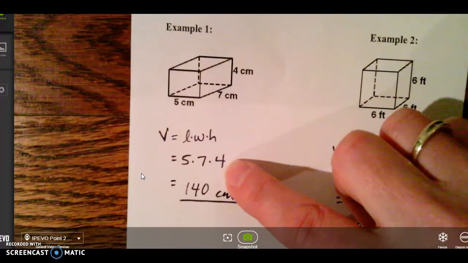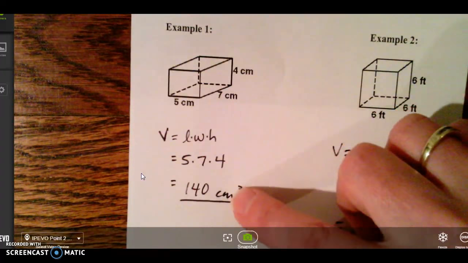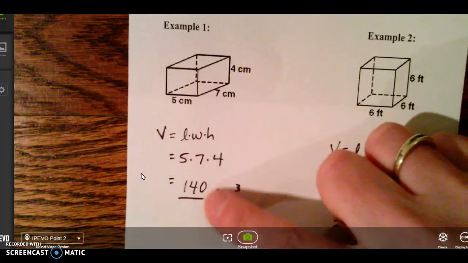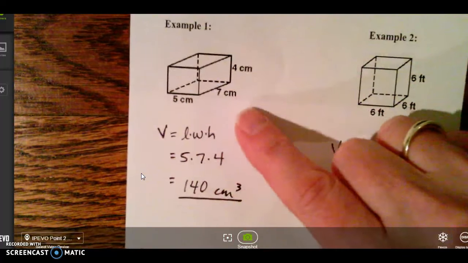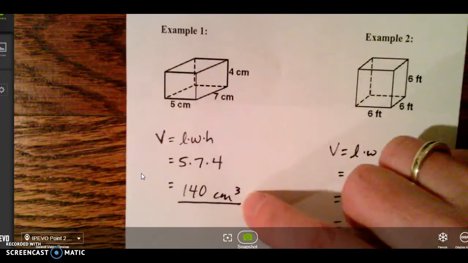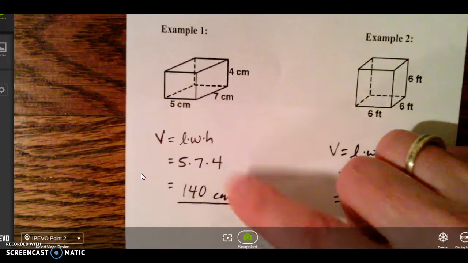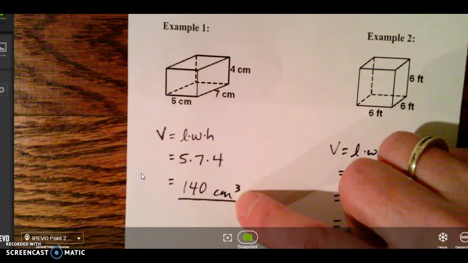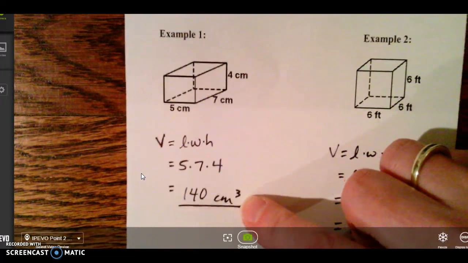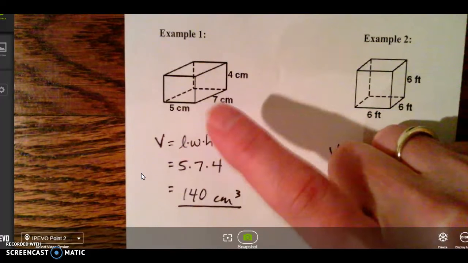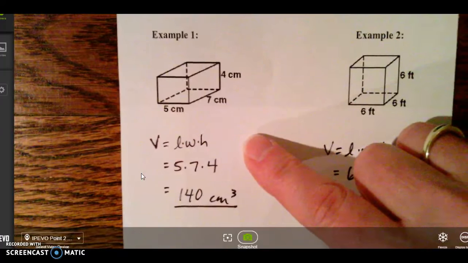We plug in the components that we found, a length of 5, a width of 7, a height of 4, and we multiply them together. Units are important. We started with centimeters, and when you come up with a three-dimensional volume by multiplying length times width times height, you end up with centimeters cubed. Those are the cubed units that would fill up the entire inside of that prism.